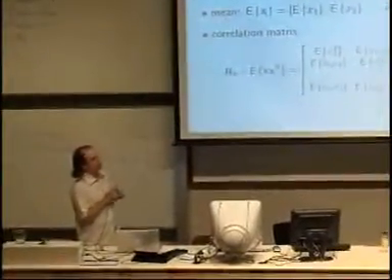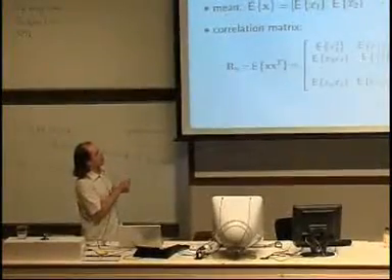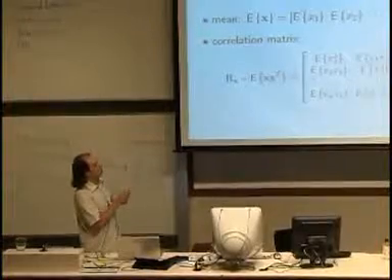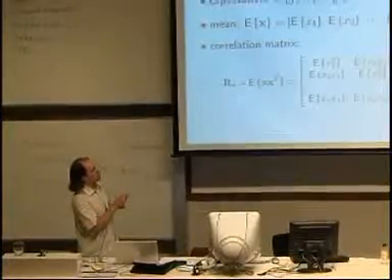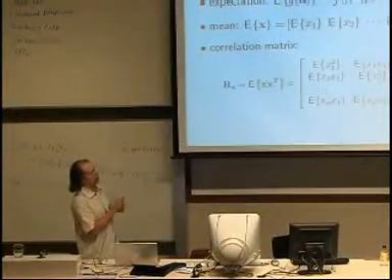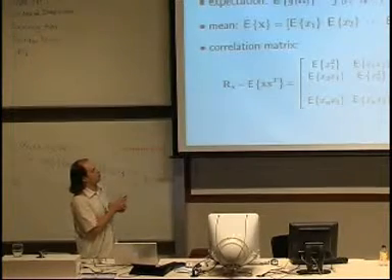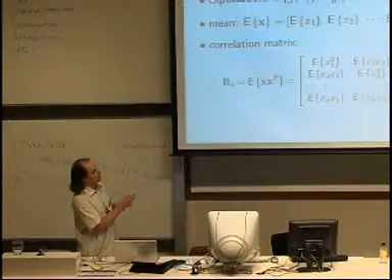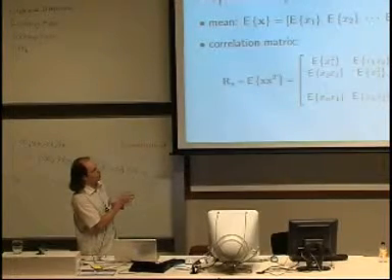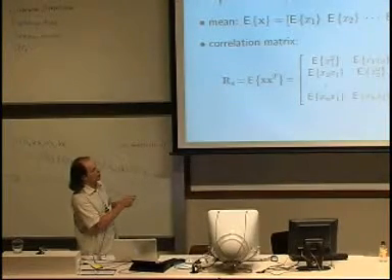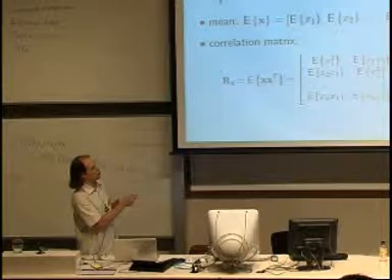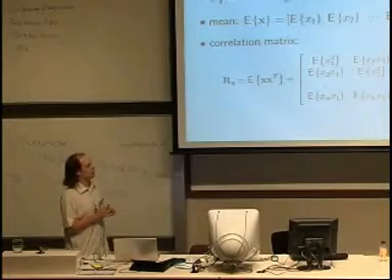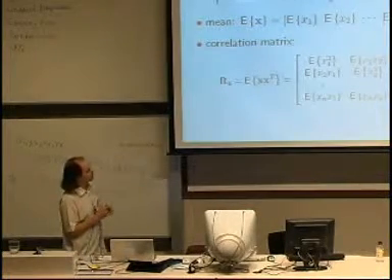People often talk about expectation when they talk about the expectation of some function of this random vector. The expectations are computed basically by an integral where you have first this function of x, multiplied by the probability density function, and then that is integrated over the n-dimensional space.